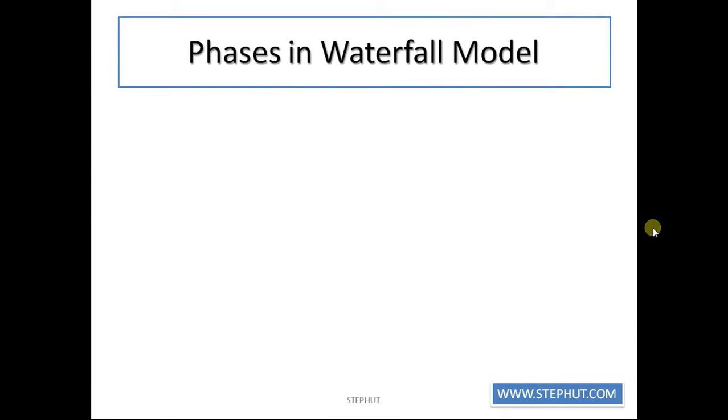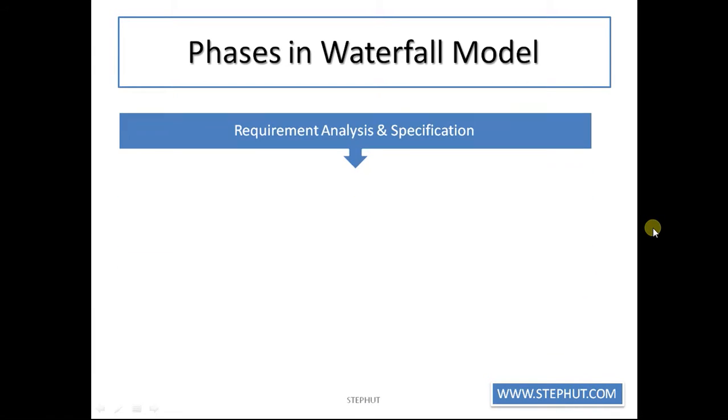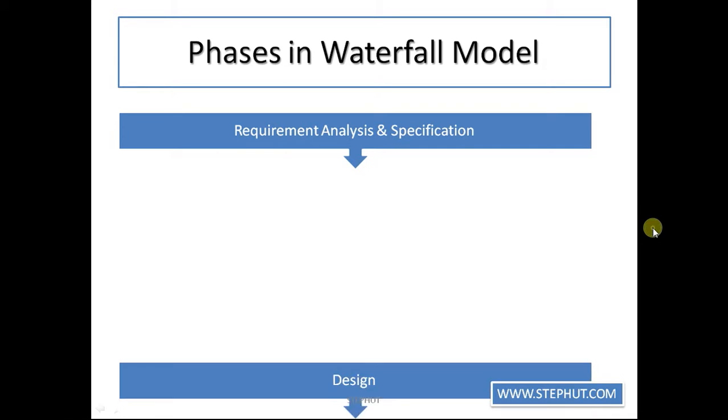What are the various phases in the waterfall model? These are requirement analysis and specification. In this phase, we gather all the requirements which the customer needs, and then the analysis of the requirements is done, and then we specify an SRS document on which the work is done.